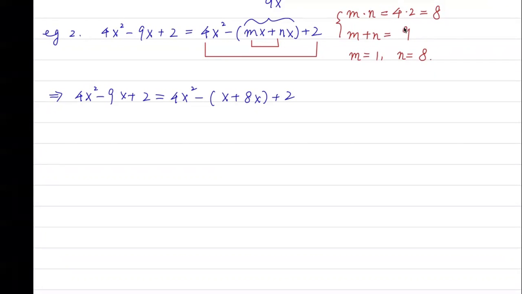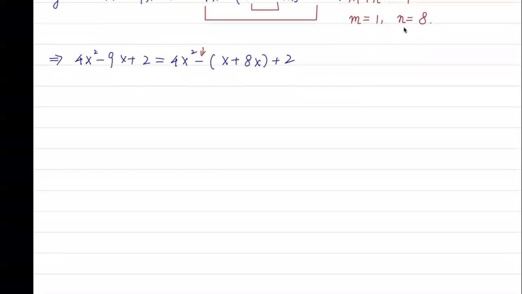And because it's a minus sign here, you really need to pay attention to the sign change. When we open brackets, if the sign before the brackets is a negative sign, then all the signs in the brackets need to be flipped. So this is equal to 4x squared minus x minus 8x plus 2.